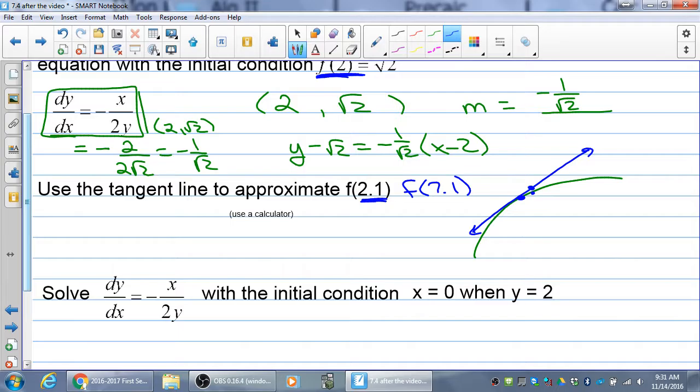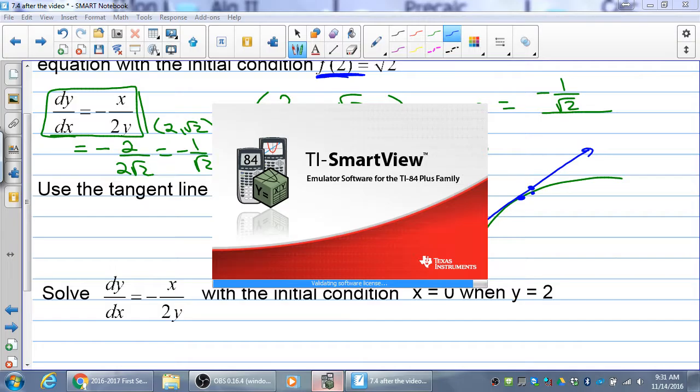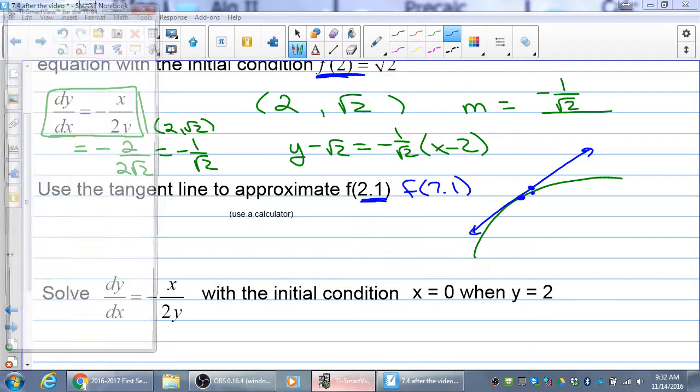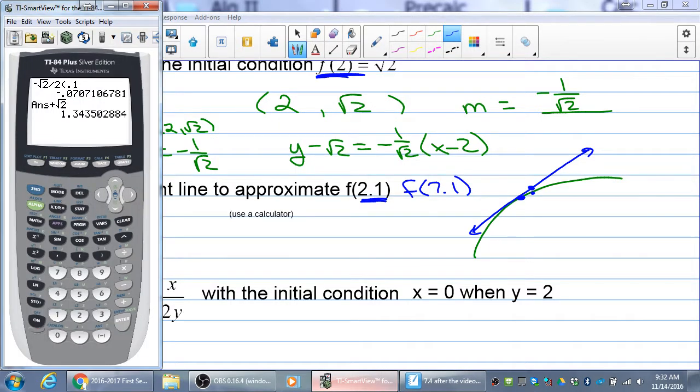And I have used a calculator here because we're using square roots and it's a decimal value and all that. But great that you can get the answer, but can you explain to me what you're doing? That's what I would like to see. You see, I've already done this. All right, so negative 1 divided by square root of 2. And we're going to multiply that times 2.1 minus 2, which is 0.1.